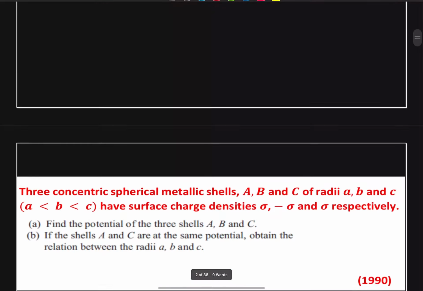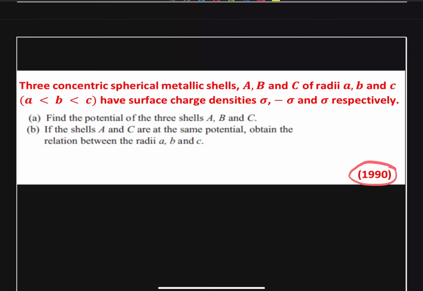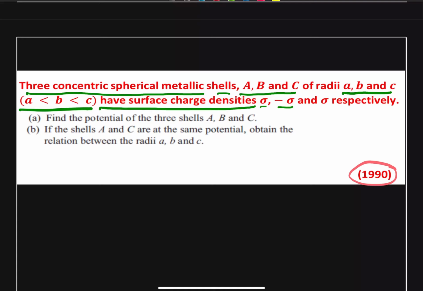Next question, and it states that it was also asked in the year 1990, and it states that 3 concentric spherical metal shells A, B and C of radii a, b and c, such that the order is given as C is having the highest radius, then B, then A, have a surface charge density of plus sigma, minus sigma as well as plus sigma respectively.